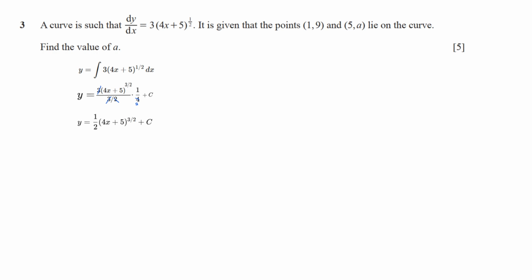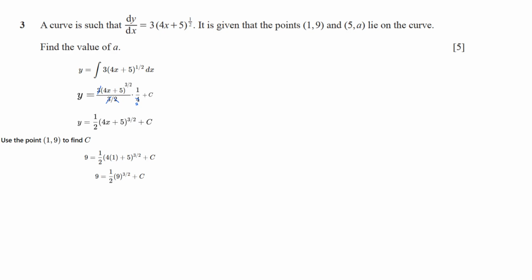Use the point 1, 9 to find c. 9 is equal to 1 over 2 times 4 times 1 plus 5 the whole power 3 over 2 plus c.